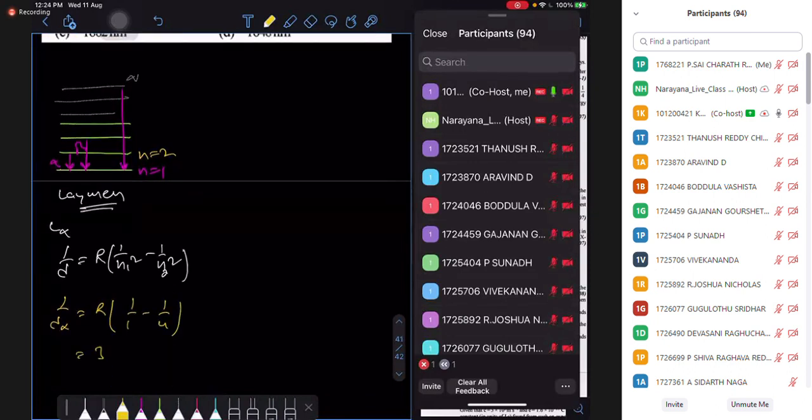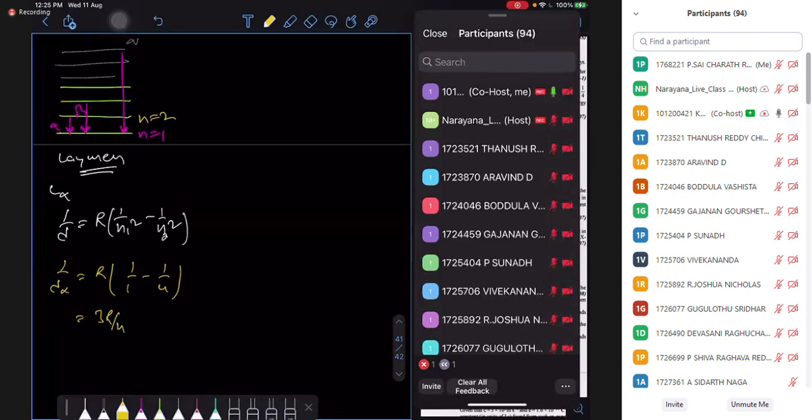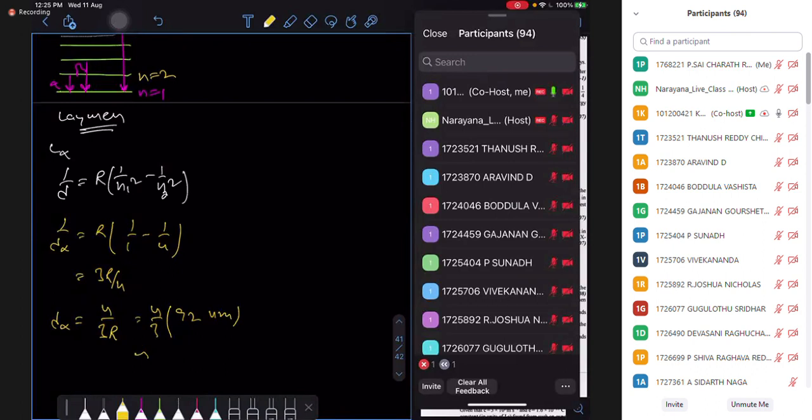So 1 by lambda is 3R by 4, and the alpha line is 4 by 3R. 1 by R is approximately 91.2 nanometers, about 92. So the wavelength for the alpha line comes out to nearly around 120 nanometers. That is the start of my alpha line.